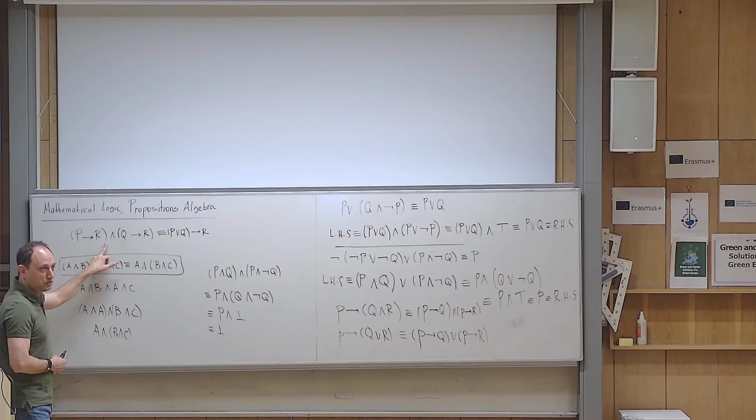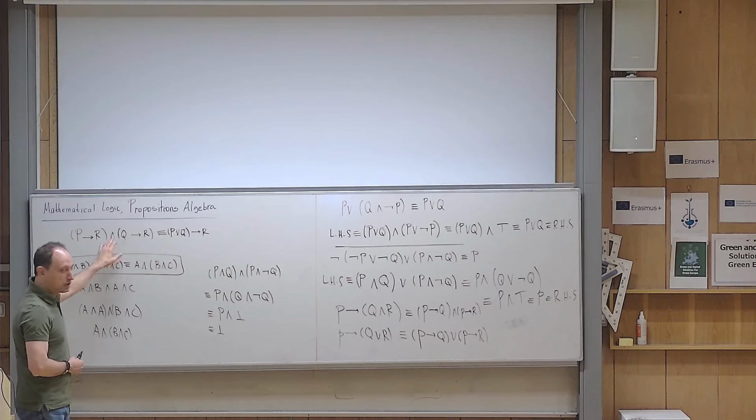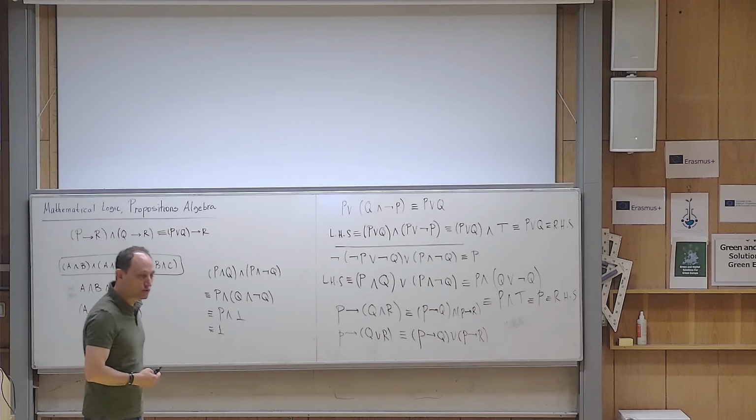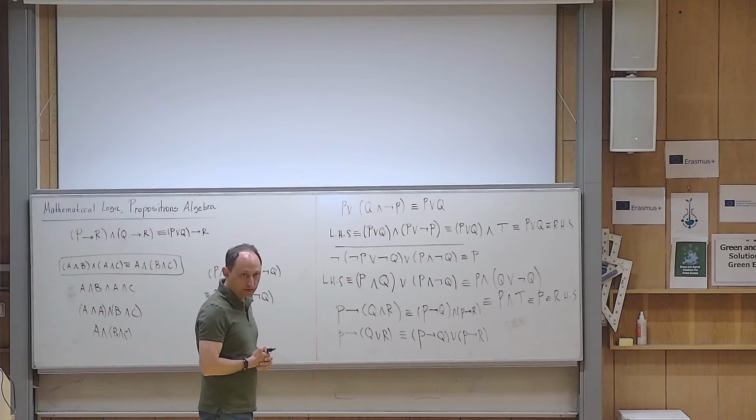Is it a distribution law as well? No. Why? Because I have three connectives involved. One of them is this arrow, one of them is or, and the other one is and. Yes? It was true, we proved that it is true, but it has nothing to do with distribution, because distribution always involves two operations, two connectives.